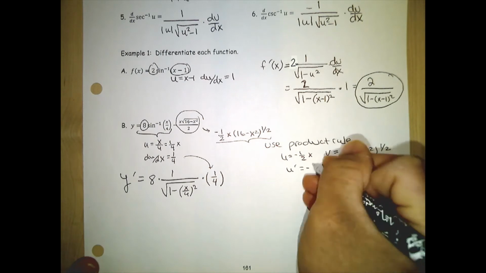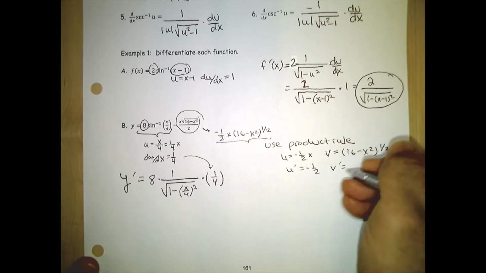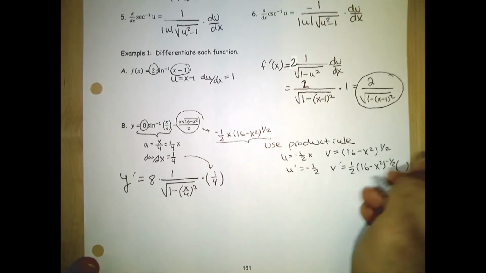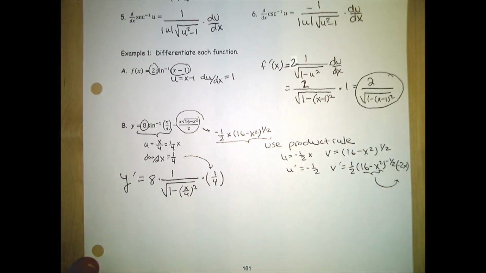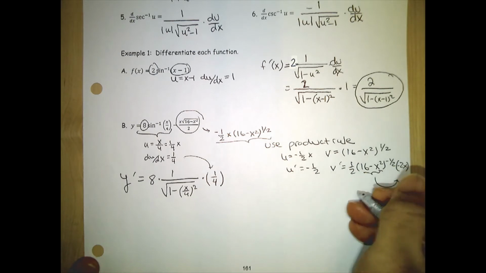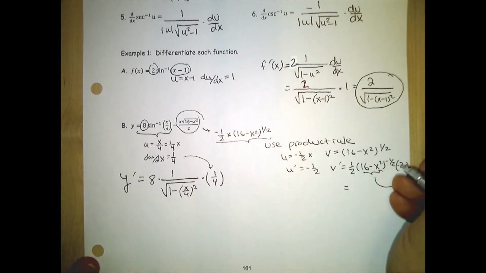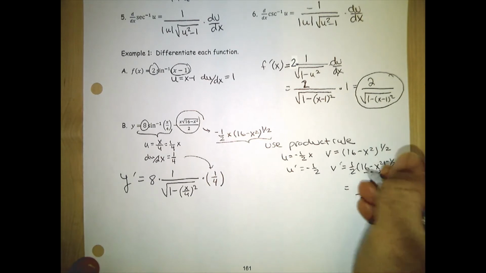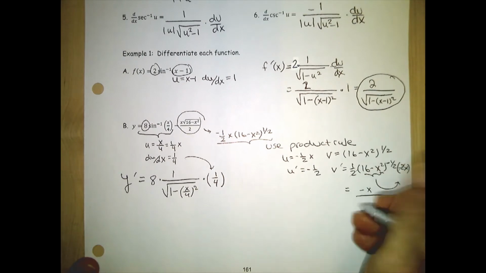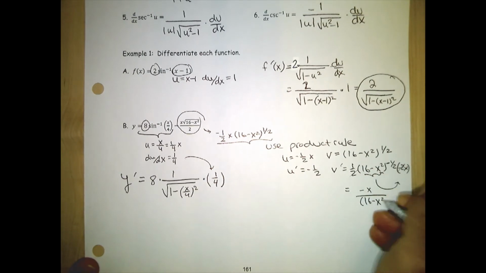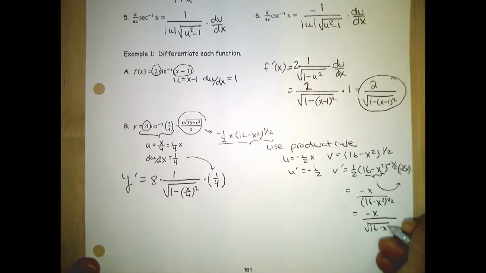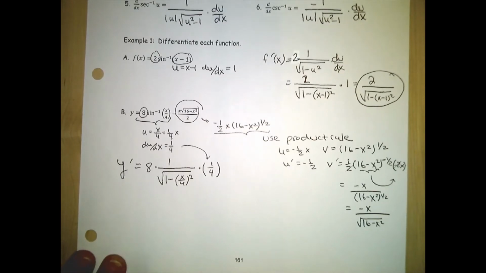So u prime is negative 1/2. v prime is 1/2 times (16 minus x squared) to the negative 1/2, and then use the chain rule. The derivative of 16 minus x squared is negative 2x. Now these 2's divide out, so 1 times negative x is negative x. I'll bring this back to the denominator, so the square root of 16 minus x squared is in the denominator.